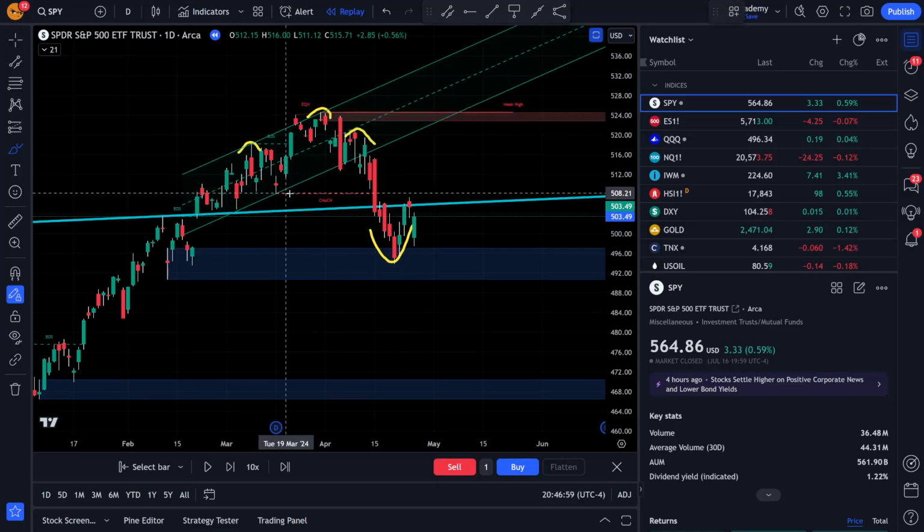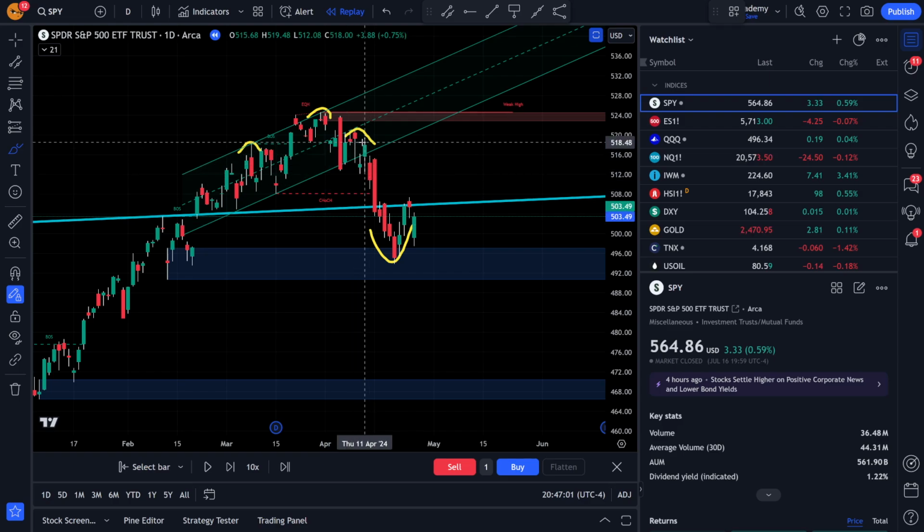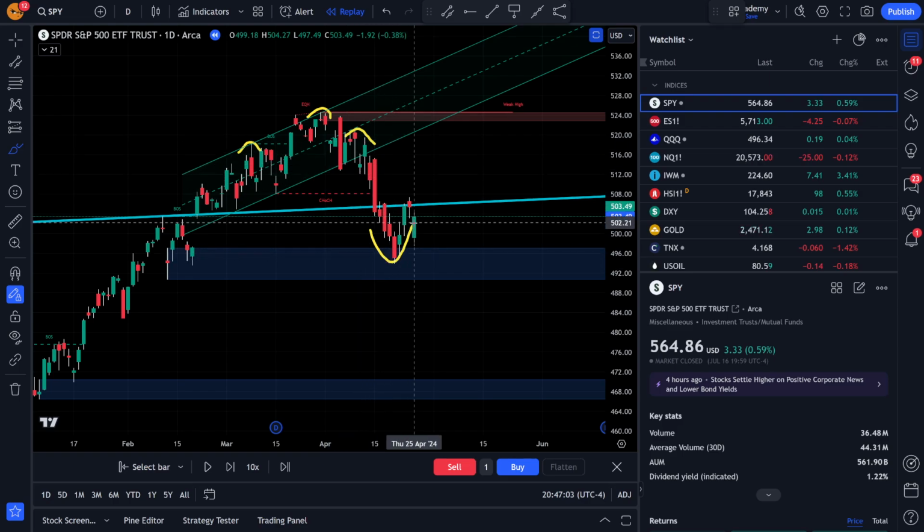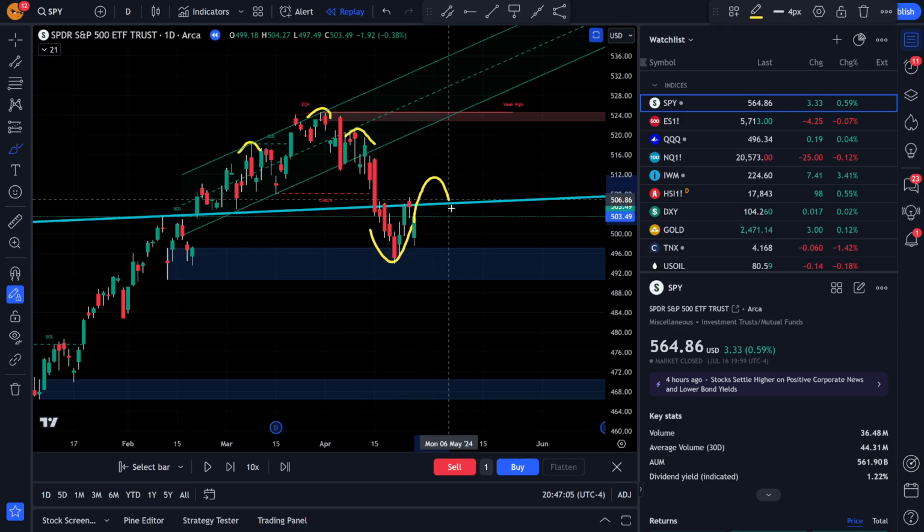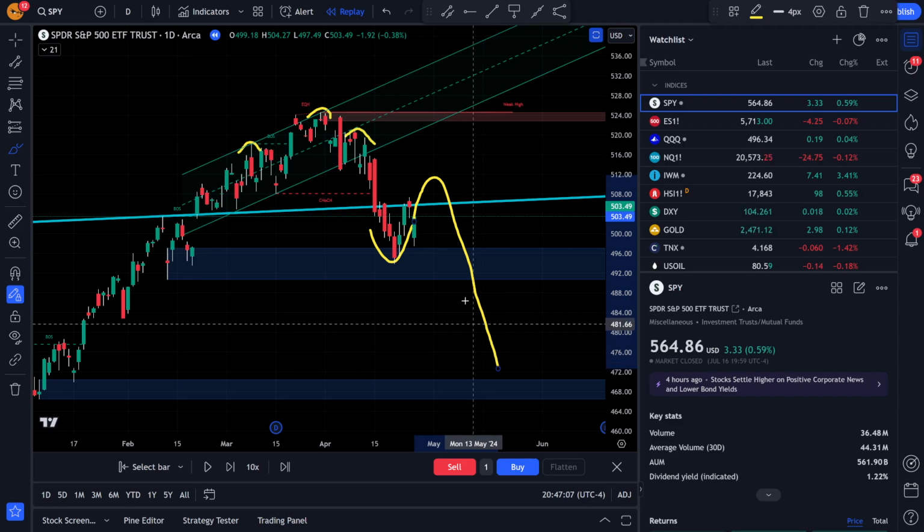Is that if after we had the Chach and we attempted the trend change, the real confirmation is if we dumped like this and made a lower low lower than this.